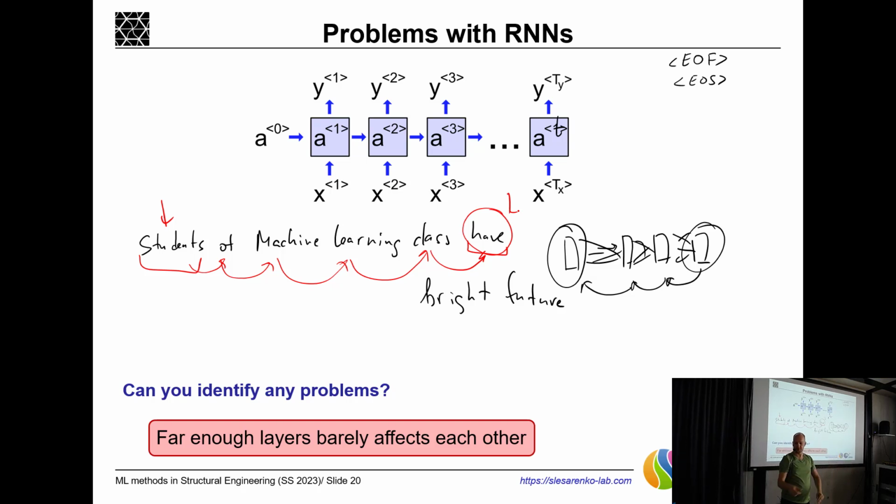So at the end, you have no idea what happened at the beginning of the sentence. And that's a problem. Far enough layers barely affect each other. And in text, it's really bad, because your text will be grammatically incorrect. You can say, okay, has, because you also store have and has as the same word in the same position, let's say position 100111, and students, we already know, is something like 5333. And that's a big problem.